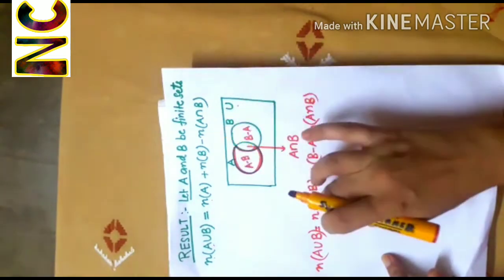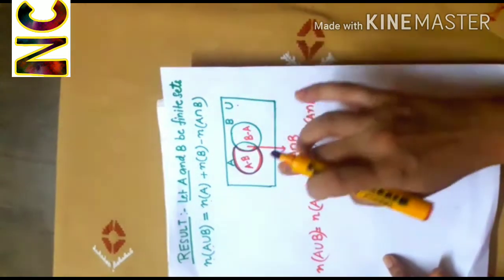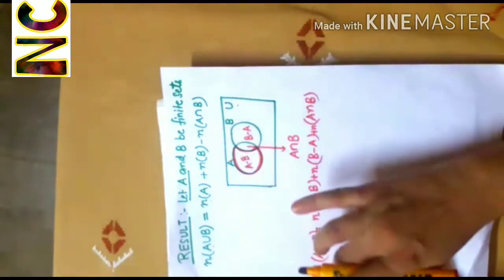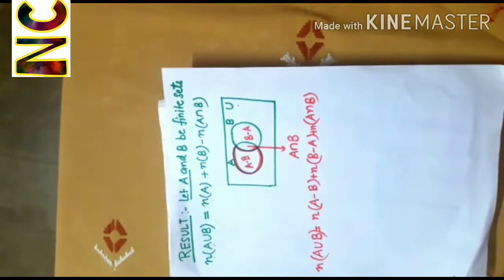So this total will give you the total number of elements in A union B.